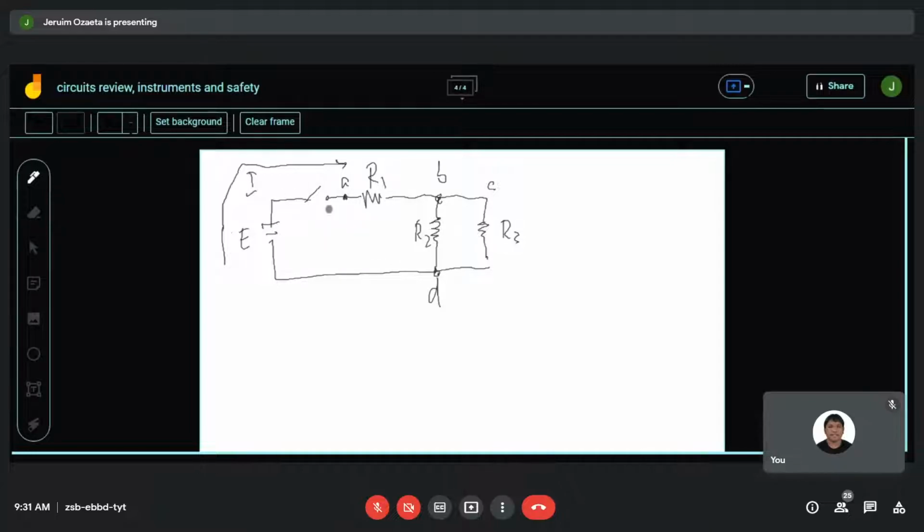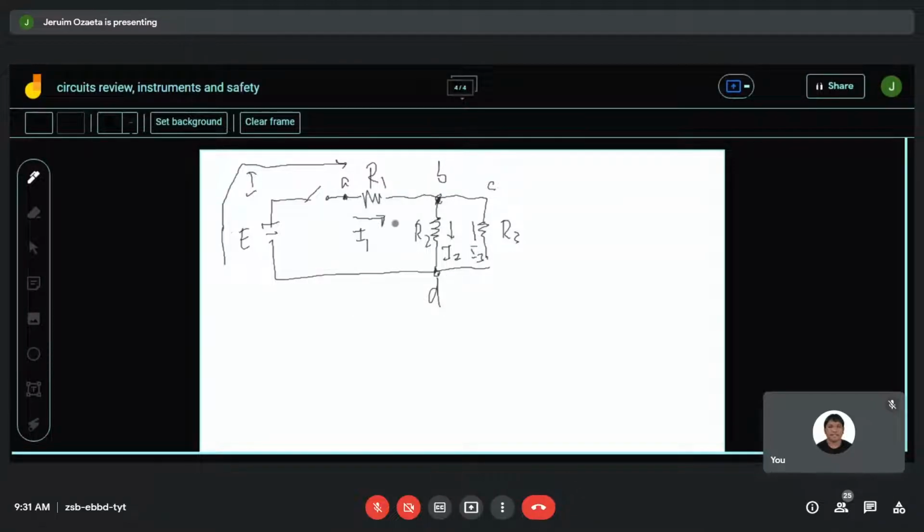So the current I will pass through R sub 1. Let's call it current I sub 1. And some portion will be I sub 2 and I sub 3.